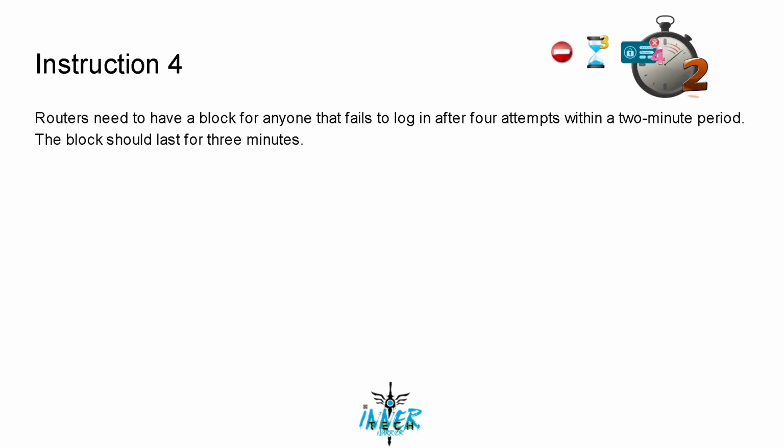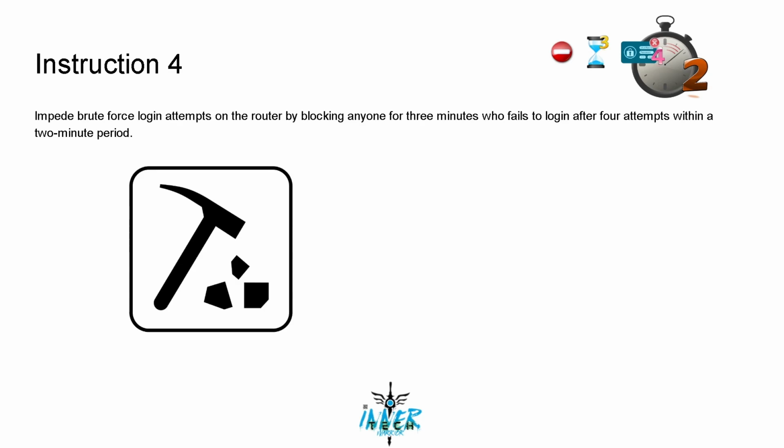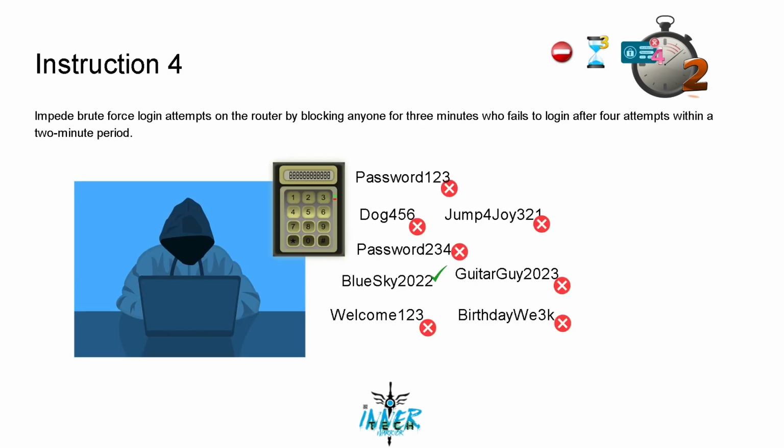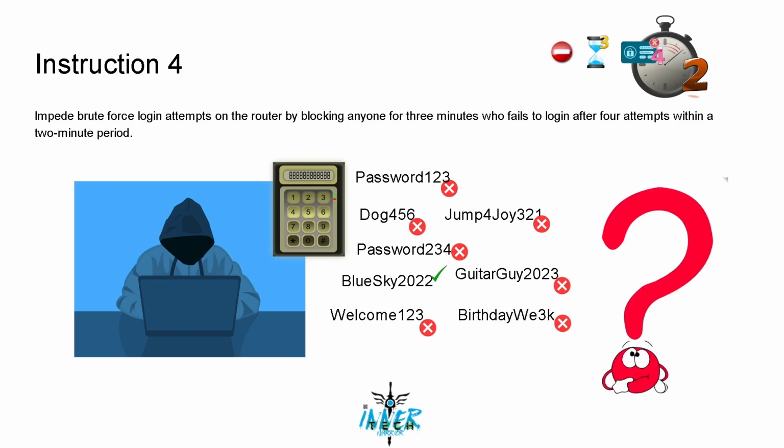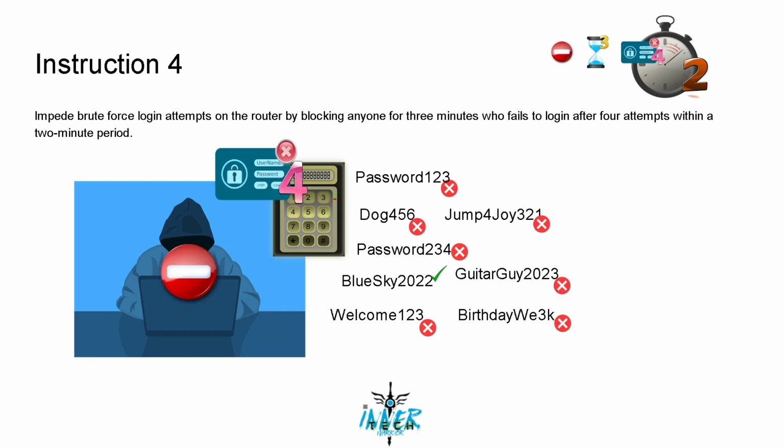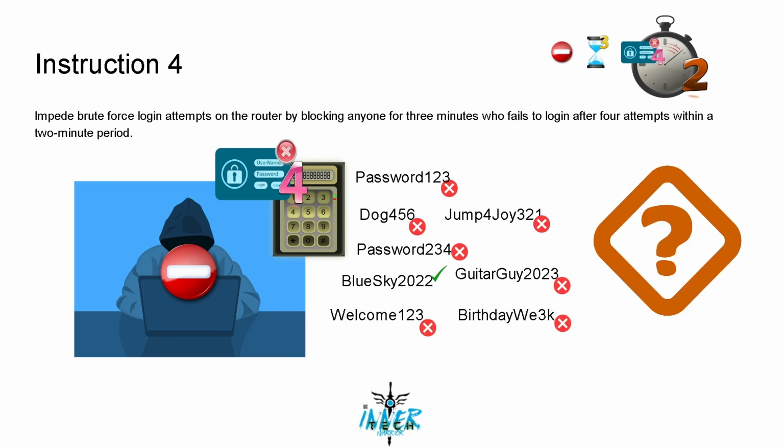Policy 4 states routers need to have a block for anyone that fails to log in after 4 attempts within a 2-minute period. That block should last for 3 minutes. Let's break that down. We want to stop people that will try to brute force, which means try a bunch of different passwords until they get the working one. How? By blocking anyone that fails to log in 4 times within 2 minutes.